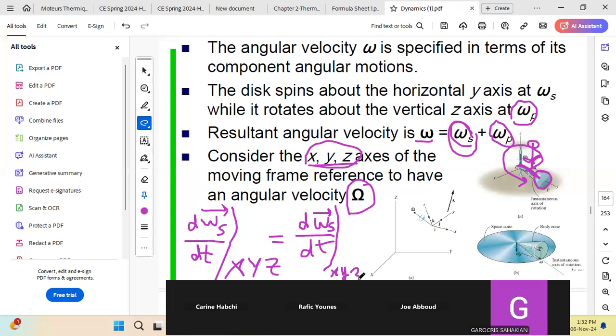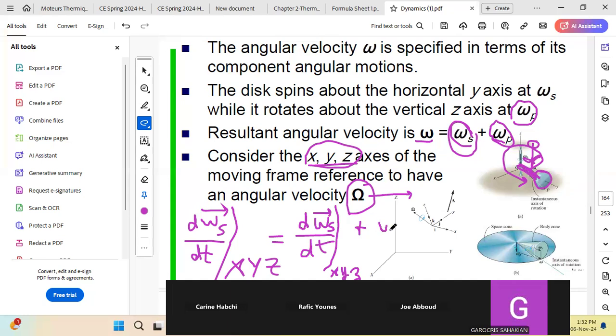plus, now my rotating frame is rotating at which angular velocity? At omega p. And if I take this example, what is omega? Omega is the velocity of rotation of the axis of the cone about z. So it's equal to omega p along k.